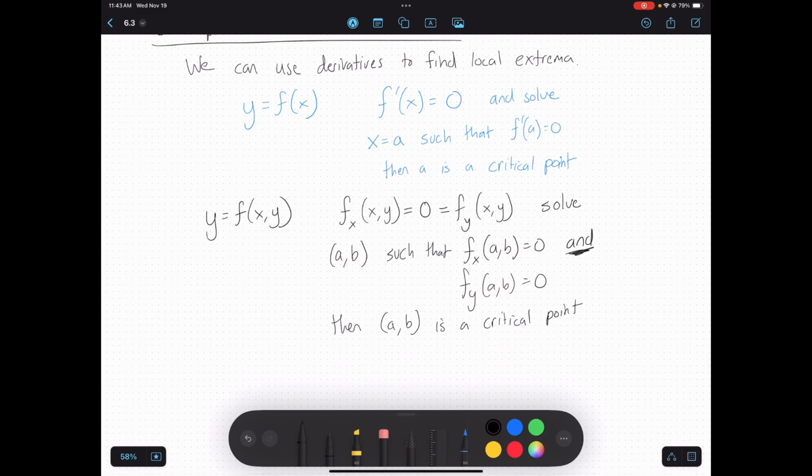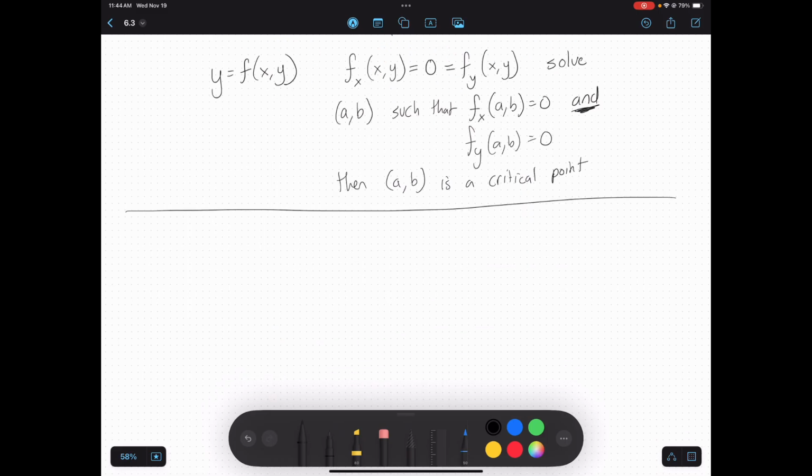If you remember back in chapter 2, we then had to use either the first derivative test or the second derivative test. Well, the first derivative test gets pretty complicated once you're working with multiple variables. So instead, we're going to do something similar to the second derivative test. In fact, it's called the second derivative test for multivariable functions. Specifically 2 variable functions, as in I have 2 independent variables.